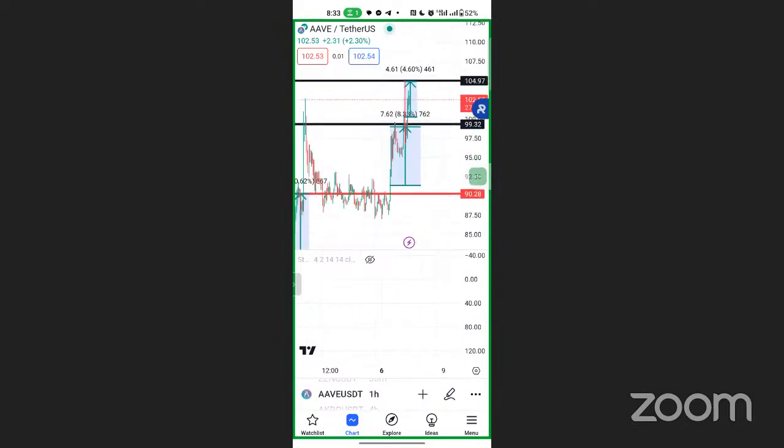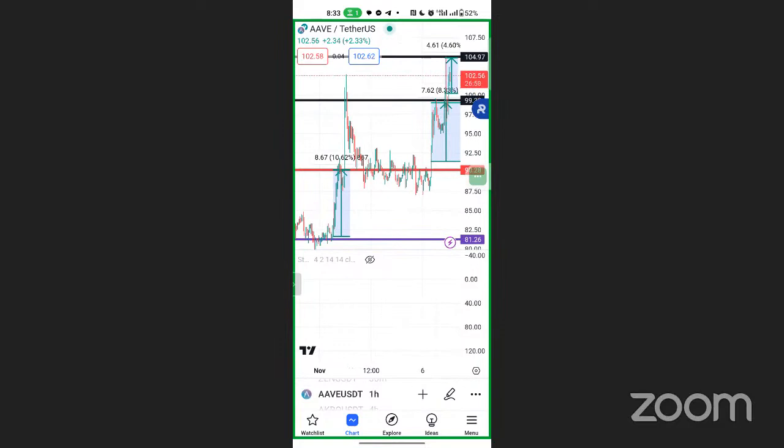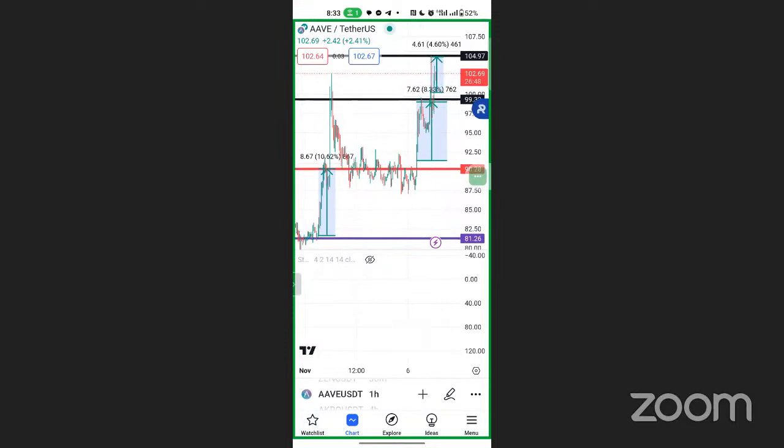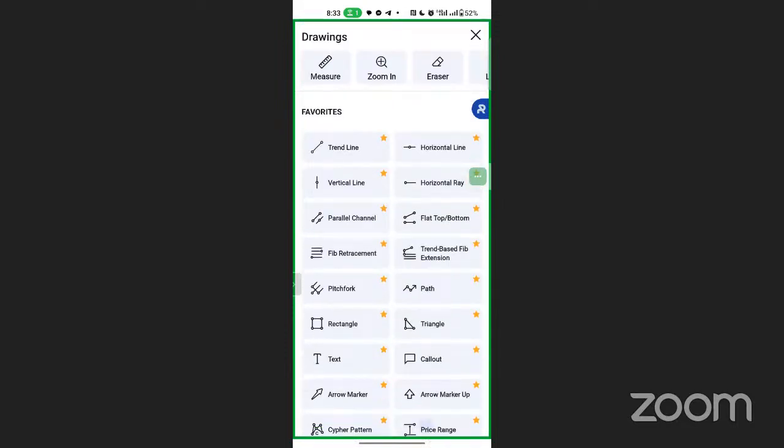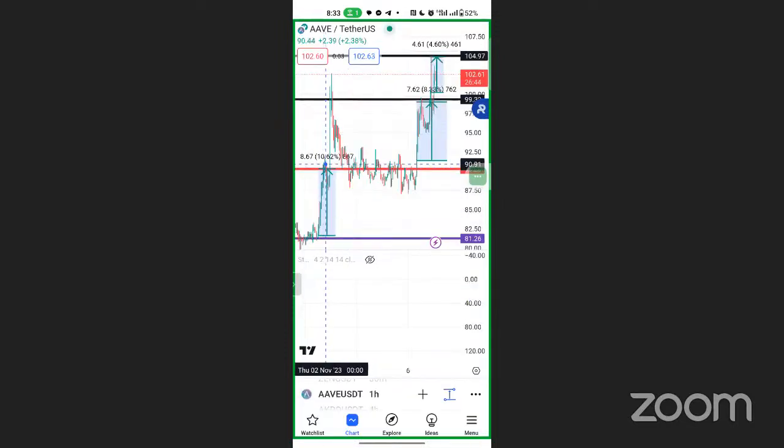Imagine you are trading using this strategy, and on the same coin, you took a 10%. You waited, then you went in again and took another.